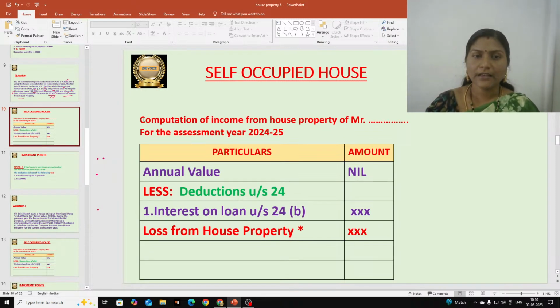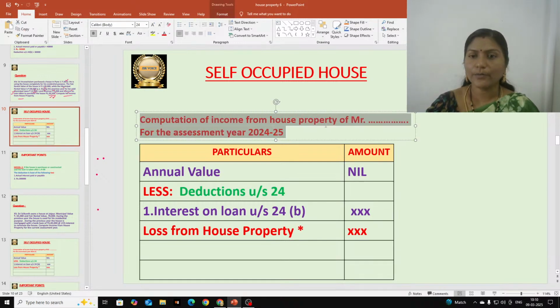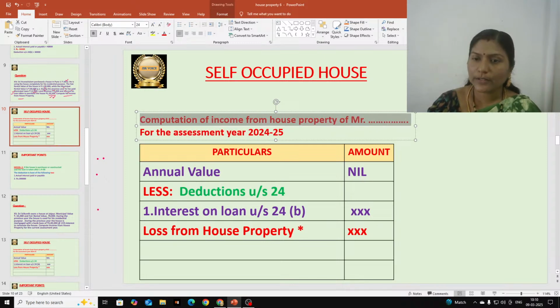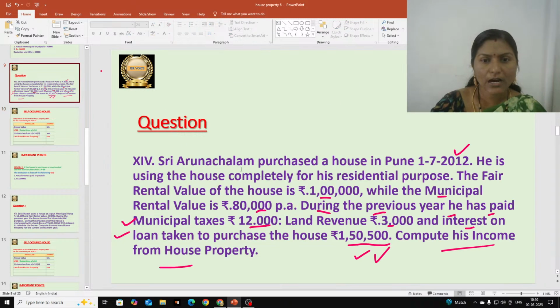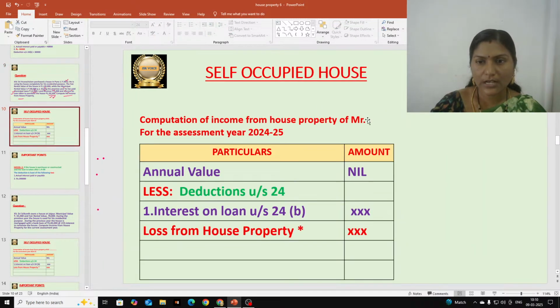Okay, what is the heading? Computation of income from house property of Mr. Name of the person should be recorded here. So I will write name of the person. What is the name of the person here? Name of the person is Sri Arunachalam. Arunachalam is an assessee.